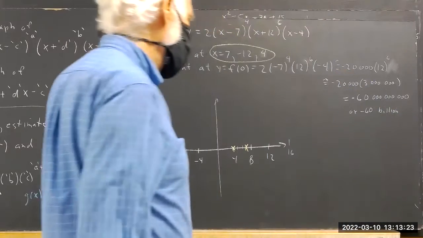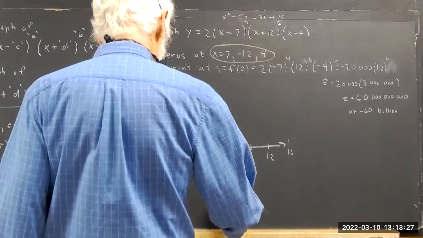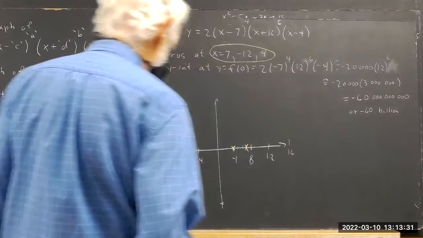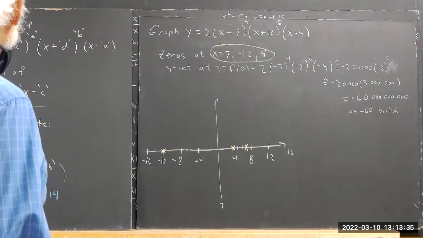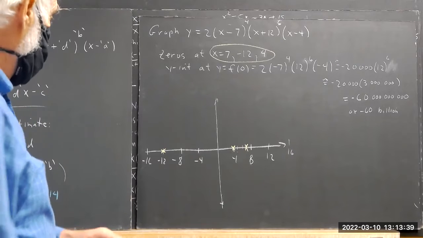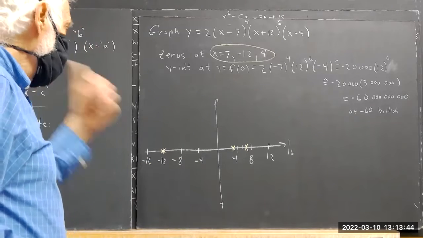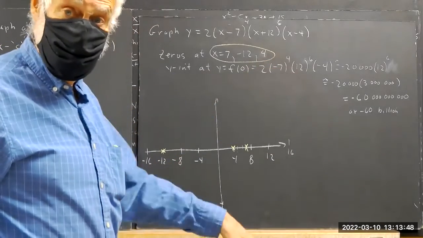I want you to understand numbers. It's about -60 billion. So now we have the y-intercept right down here. I don't want to put it that low because now if I check my far left and far right behavior, I see that at far left it's going to be positive, at far right it's going to be negative.